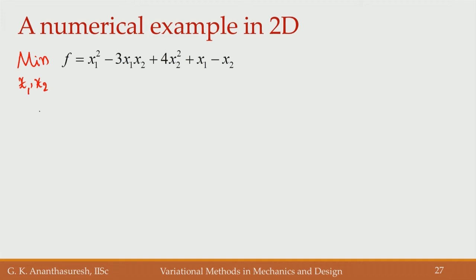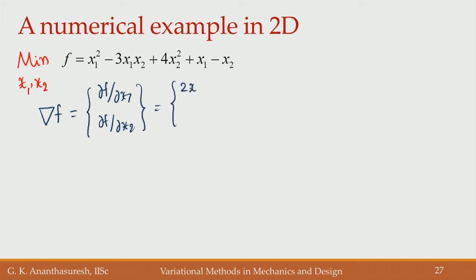Okay. First I have to write the gradient of f, that means that I have to have ∂f/∂x1, ∂f/∂x2. What is it now for this problem? We distribute a partial derivative.